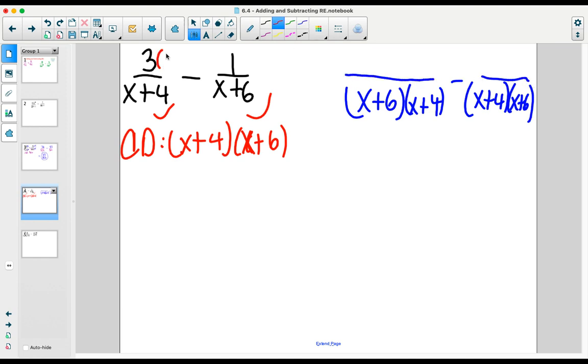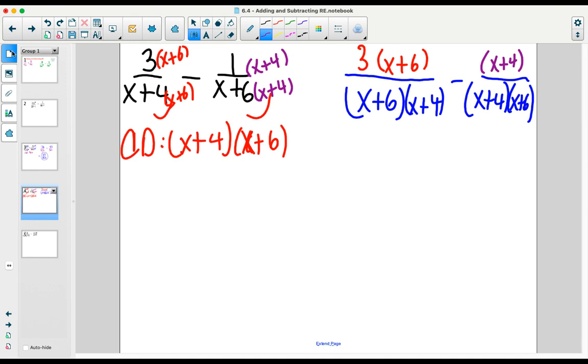Our first fraction multiplied by x plus 6 in the numerator and in the denominator creates a 3 times x plus 6. And our second fraction multiplied by x plus 4 in the numerator and the denominator gives us a factor of x plus 4.